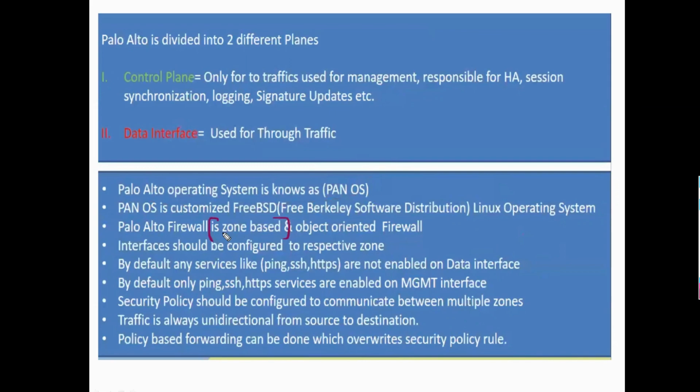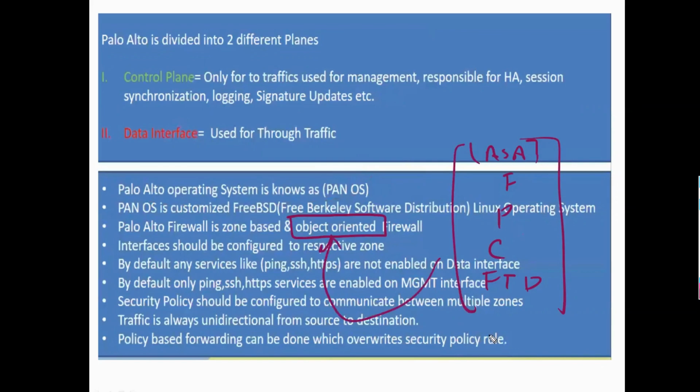Not only Palo Alto, but ASA, FTD, Checkpoint, Cisco, Palo Alto, these are what? These are the zone-based firewall. No, sorry, I made a mistake. I'm talking about object-oriented first. So your Cisco ASA, Palo Alto, Checkpoint, FTD, these are the object-oriented firewalls.